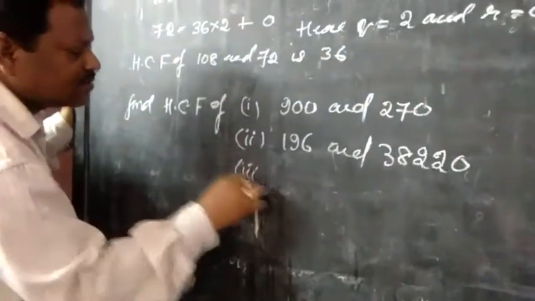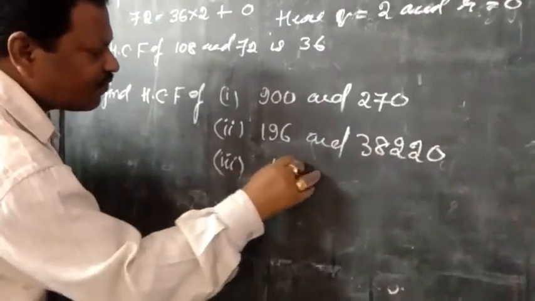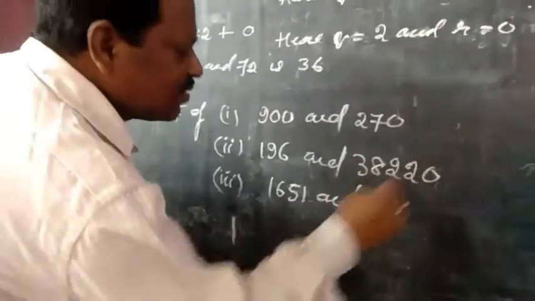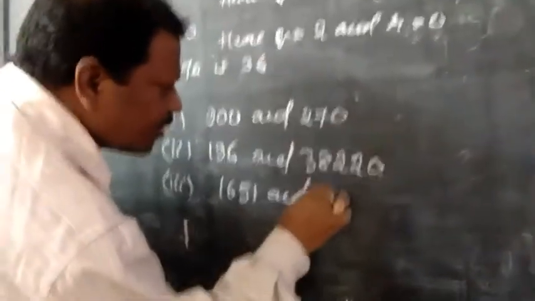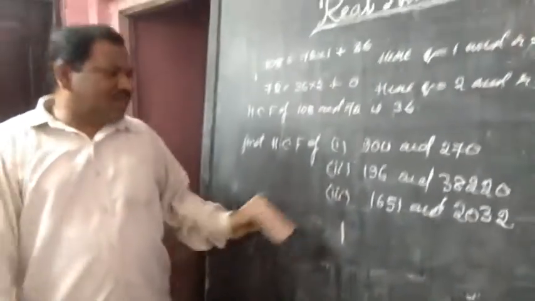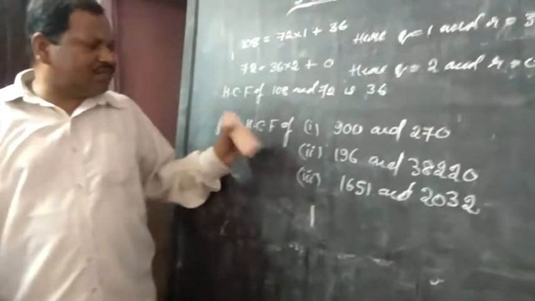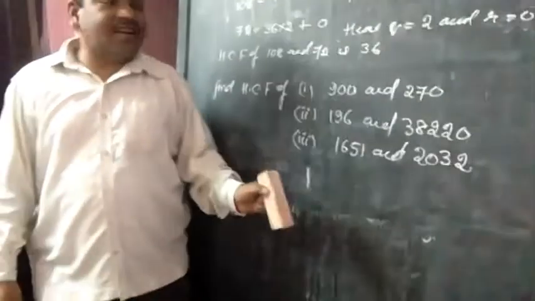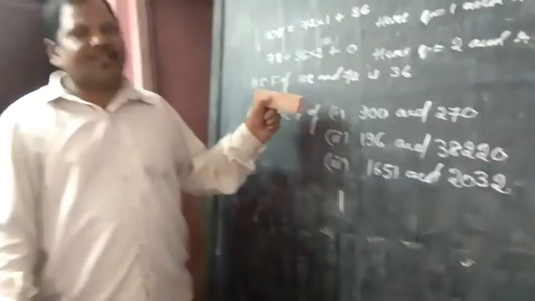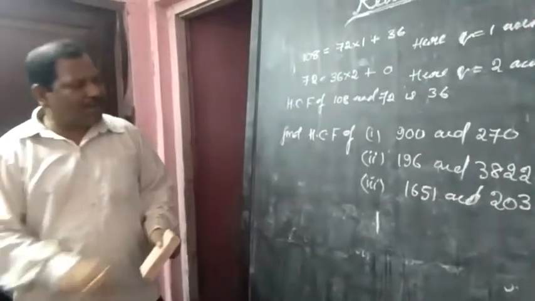Third one, 1651 and 203. Okay, do the sums. It is homework. These three sums, try yourself by using the Euclid division lemma.